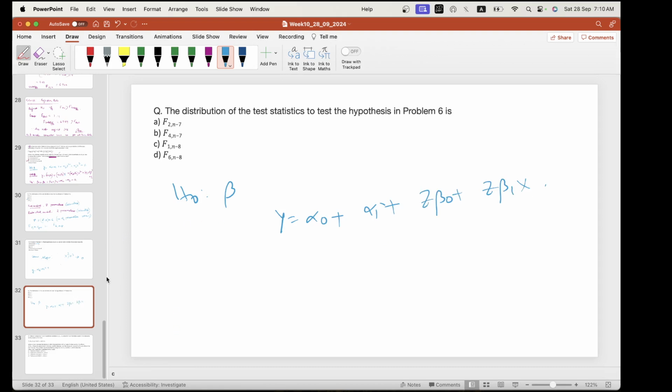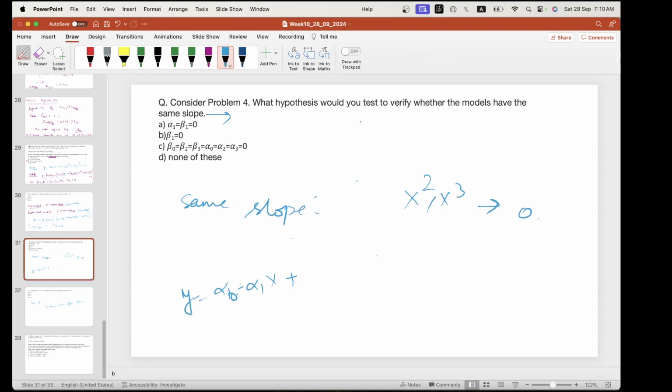Okay, so y equals alpha naught plus alpha 1x plus z into beta naught plus z into beta 1x.